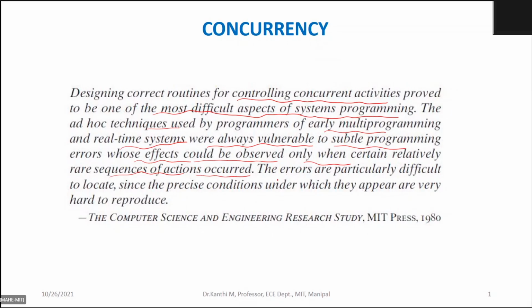The errors are particularly difficult to locate since the precise conditions under which they appear are very hard to reproduce. This is a statement given by a Computer Science and Engineering Research Study in 1980 itself.